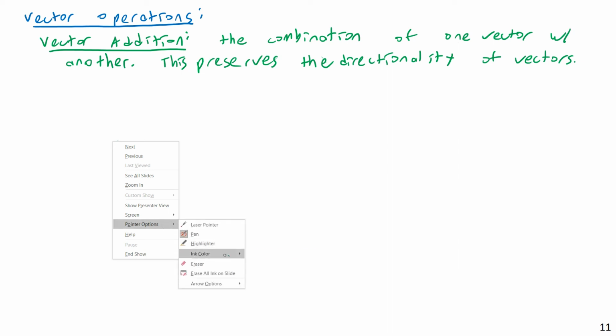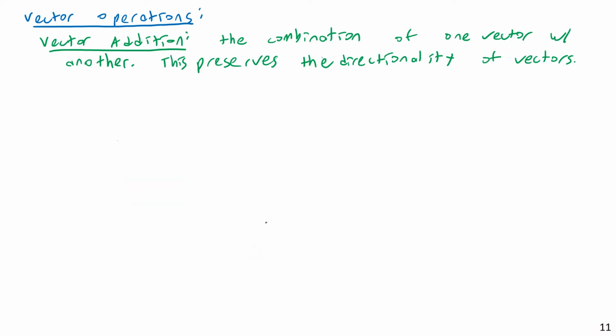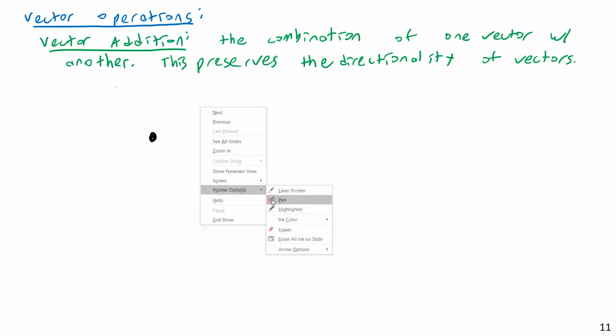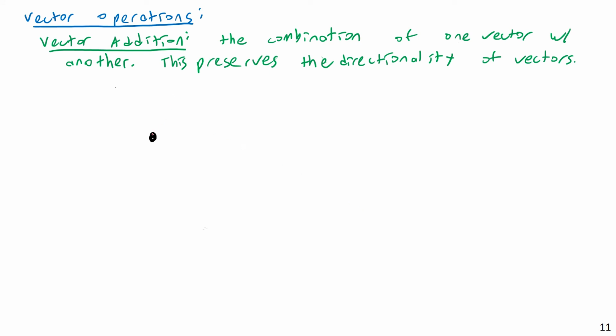So let me give you some examples of what this means. Let us say that I have a variety of forces acting on a single object. Let's say I have an object that we could model as a point particle, and I have a variety of 2D vectors applied to this, maybe F1, F2, and F3.